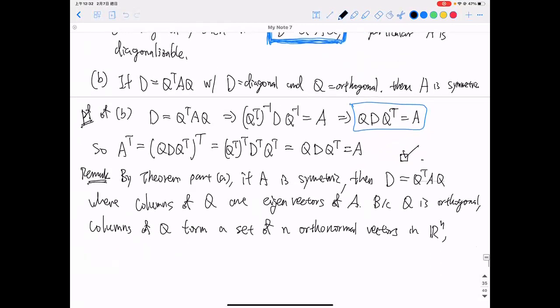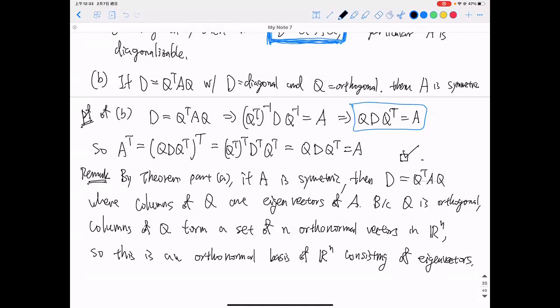So what this is, is an orthonormal basis of Rn consisting of eigenvectors.